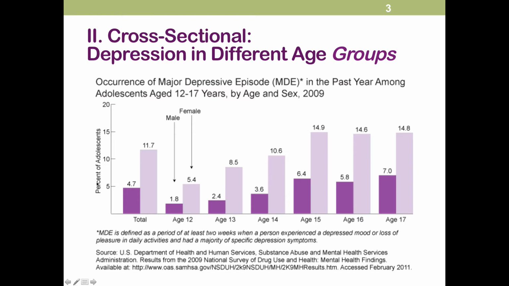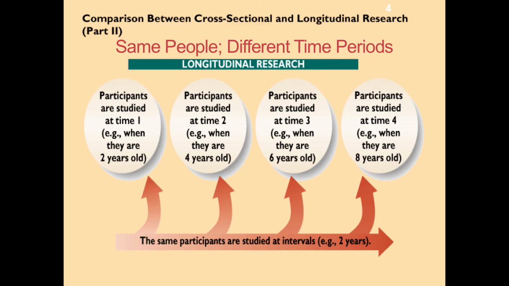So, again, we are getting at the main topic of how age affects a certain developmental aspect, in this case not language acquisition but a mood disorder, but we're doing it in different ways. Longitudinal research follows a group of people throughout time, whereas cross-sectionally we get different age groups studied at the same time. This is what's illustrated here. For the first kind, longitudinal research, you get the same participants throughout time.